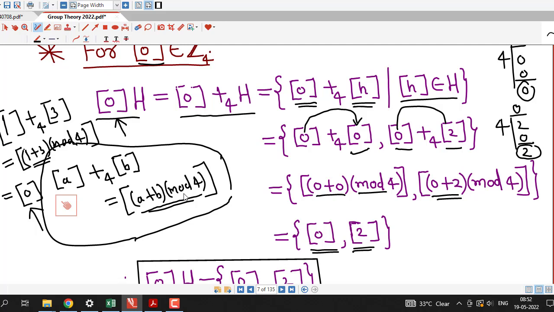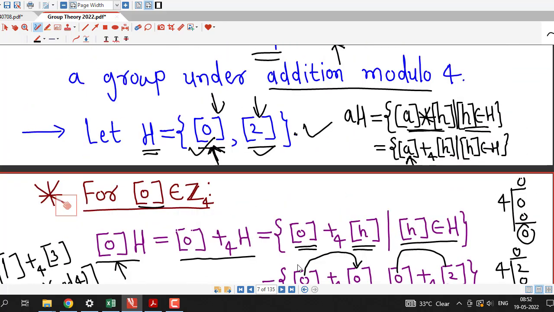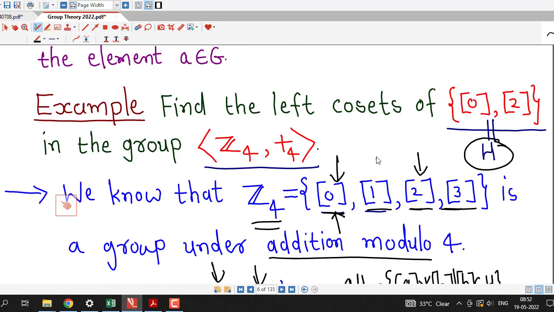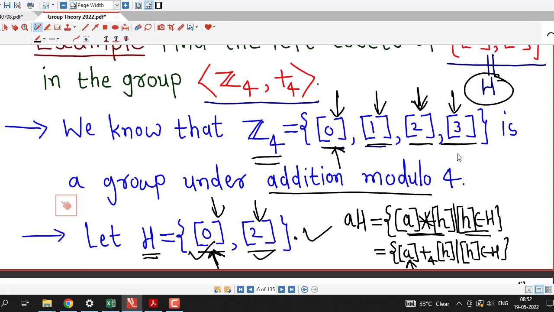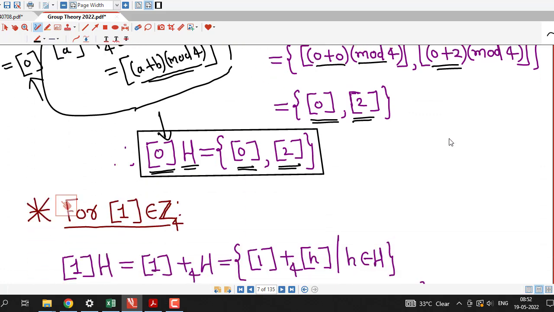Okay, fine. So the left coset of H determined by the equivalence class 0 has two elements: the equivalence class of 0 and the equivalence class of 2. Now we have to repeat the same procedure for the three equivalence classes 1, 2 and 3. So now we find the left coset corresponding to the element 1.